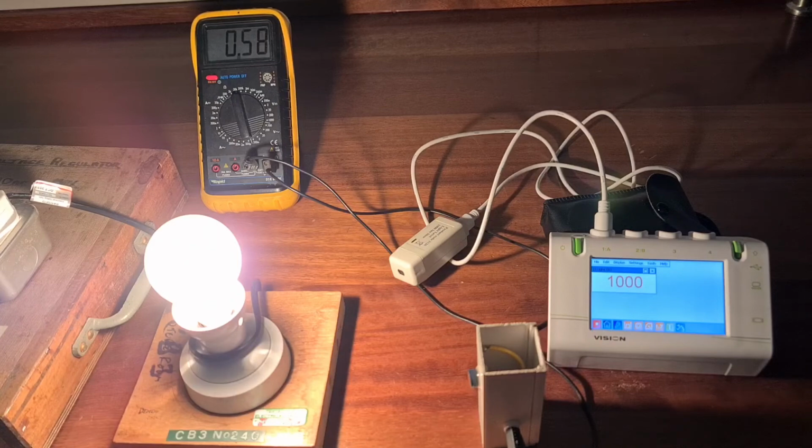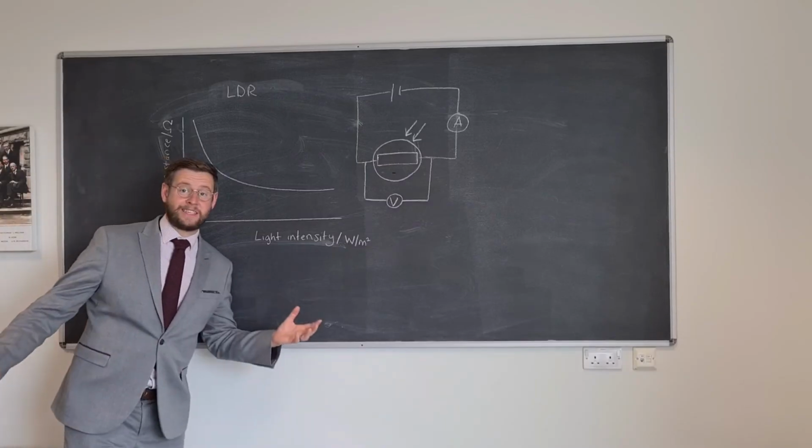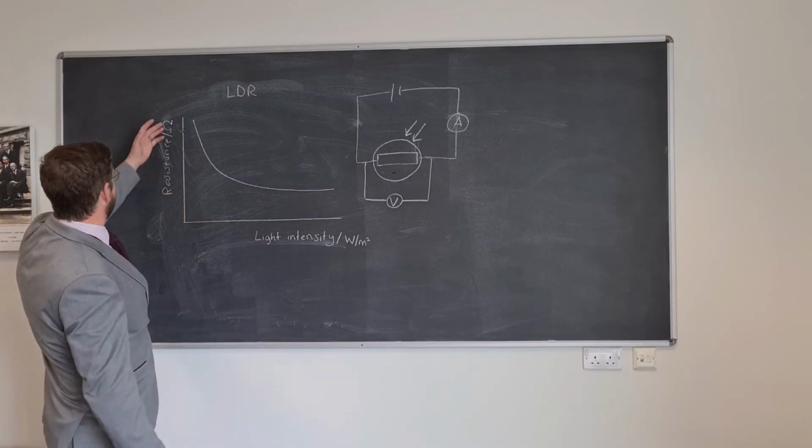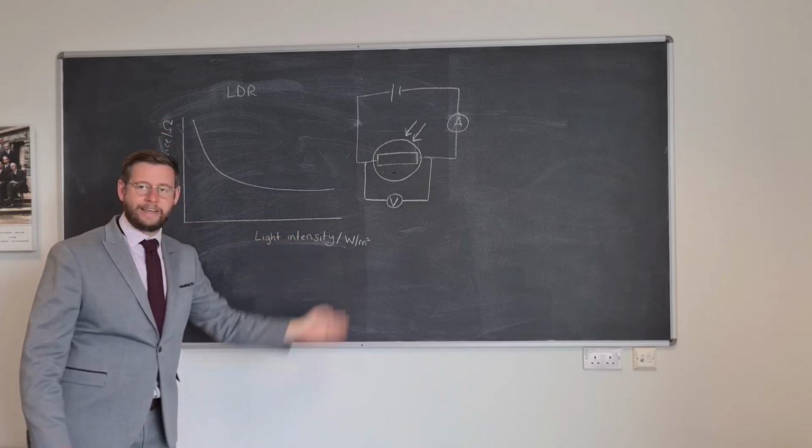You could do this experiment, rather than varying the light level through the light bulb, by changing the distance between the LDR and the light bulb, knowing that how bright this appears at the LDR is going to decrease with distance. If we were to plot that data on a graph, you can see that the resistance fell as the light intensity increased.